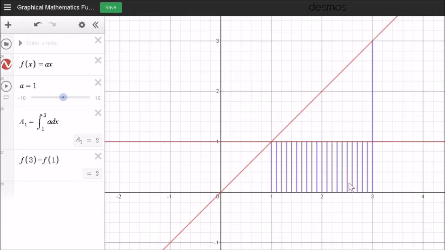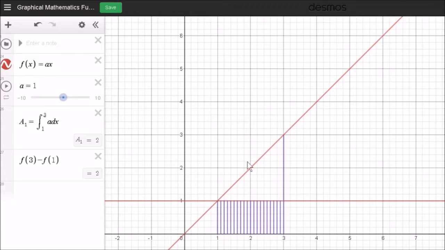So this area here is the same as the height here. And that height here is given by the value of this original function at 3 minus the value of the original function at 1. So really what we're saying, and in essence, the fundamental theorem of calculus is telling us that this height here is the same as this area here.